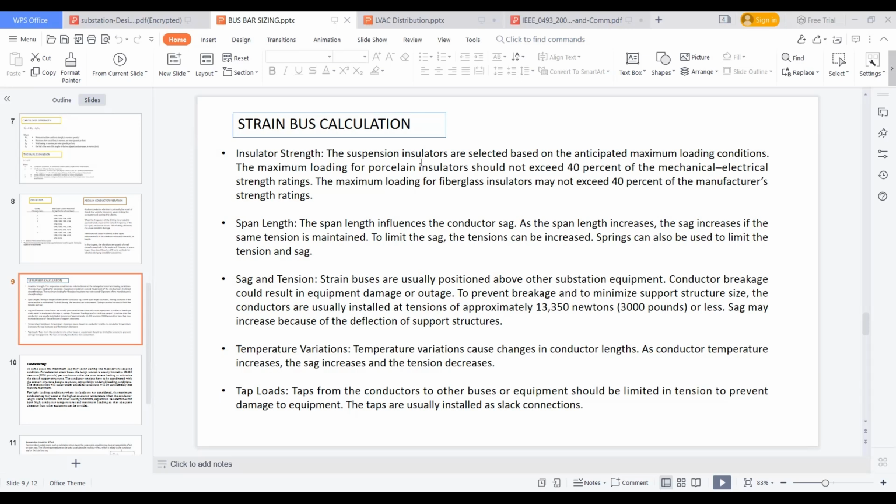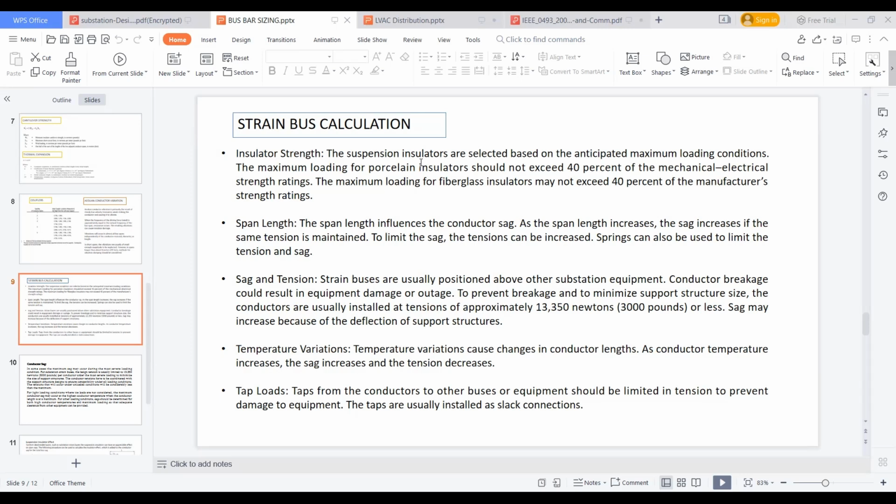So to prevent this breakage, avoid these accidents and minimize the support structure size, the conductors are usually installed at tensions of approximately 13 kN, as I said before, or less than this. Sag may increase because of the deflection of the support structures. Generally, this is a rule of thumb. On all substations, they will maintain this tension and close this exercise.